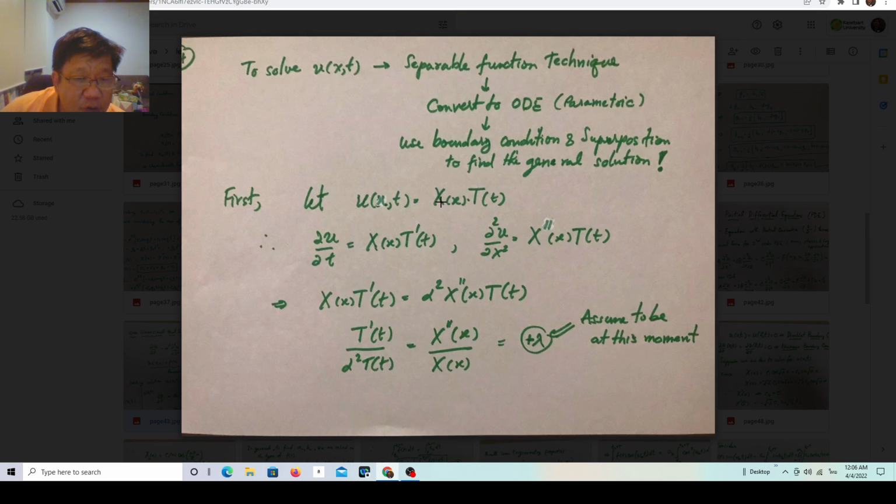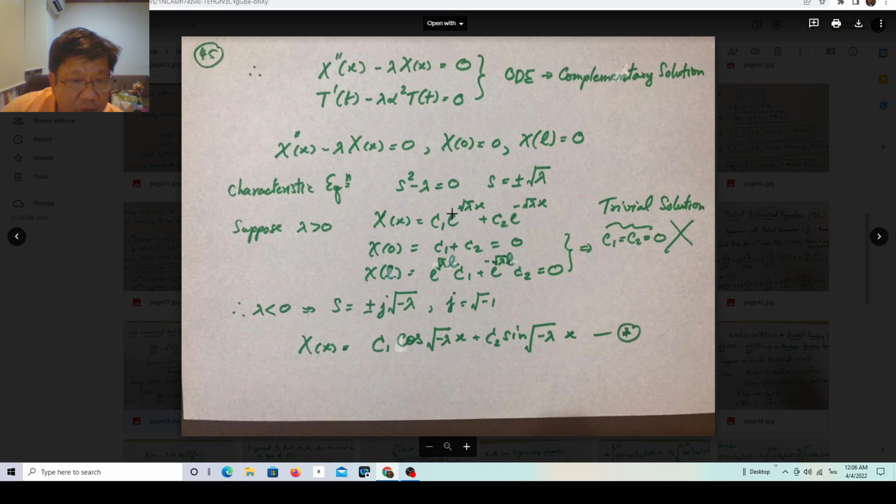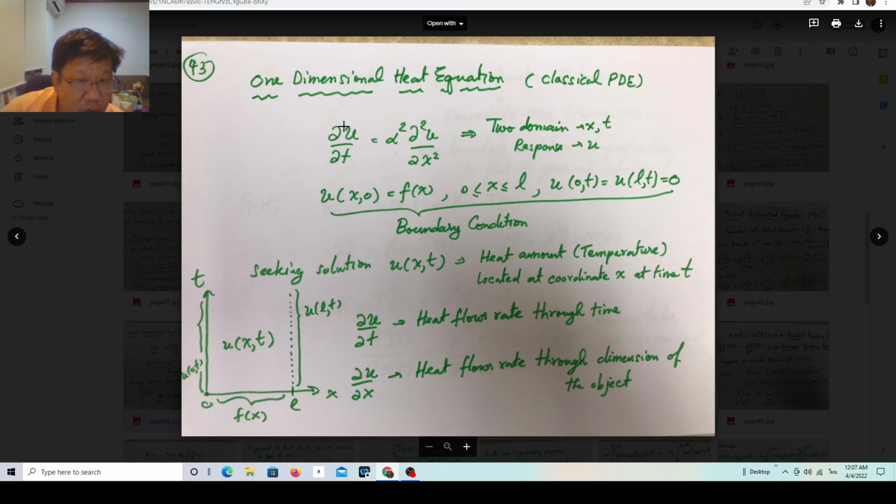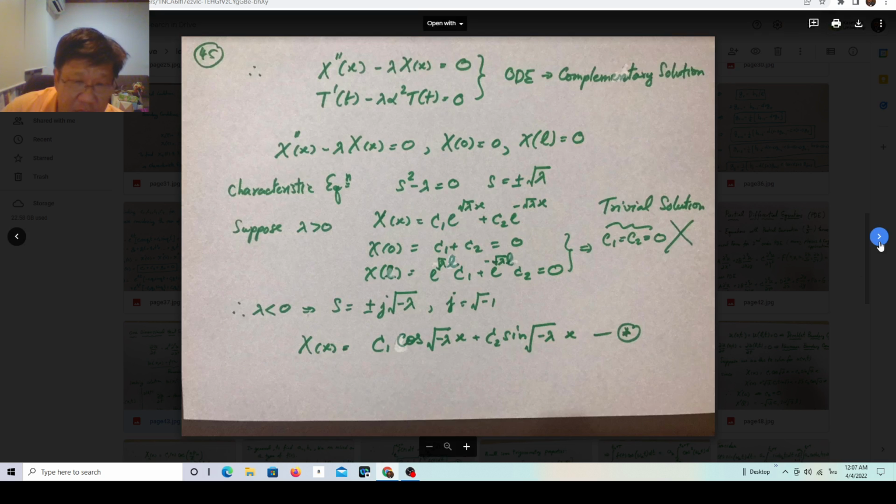For all x, if c1 and c2 are 0, X of x is 0, so no matter what T as a function of t looks like, u of x and t is 0. So when you put it in this formula, 0 equals 0, left hand side equals right hand side, so it's meaningless. It's what we call the trivial solution, the solution that you can guess at first hand.